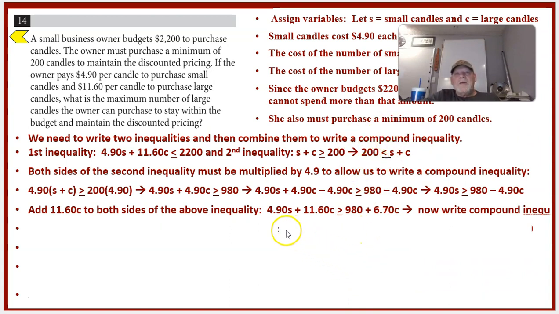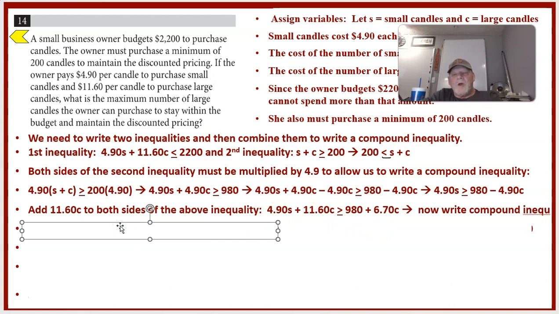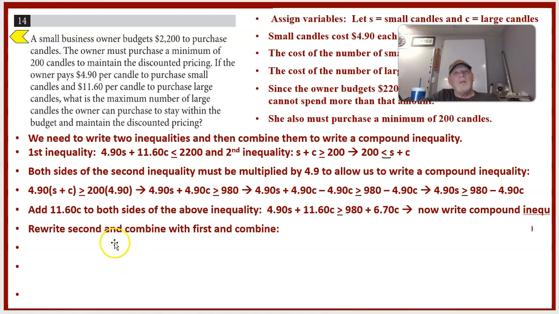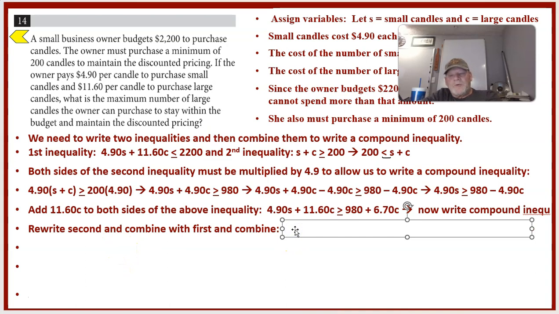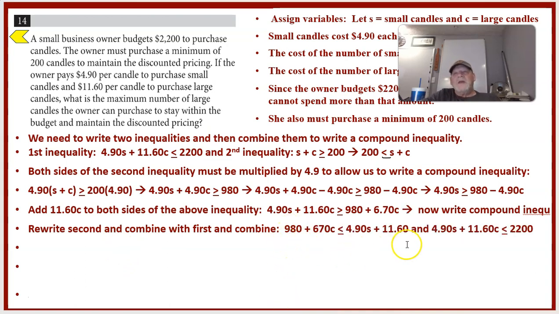So do you see how in our original we have the 4.9s plus 1160c, and now we're going to have 4.9s plus 1160c. And when you have that, you can write a compound inequality. So first I'm going to rewrite, and if you look, I have the same thing here as here. See that?